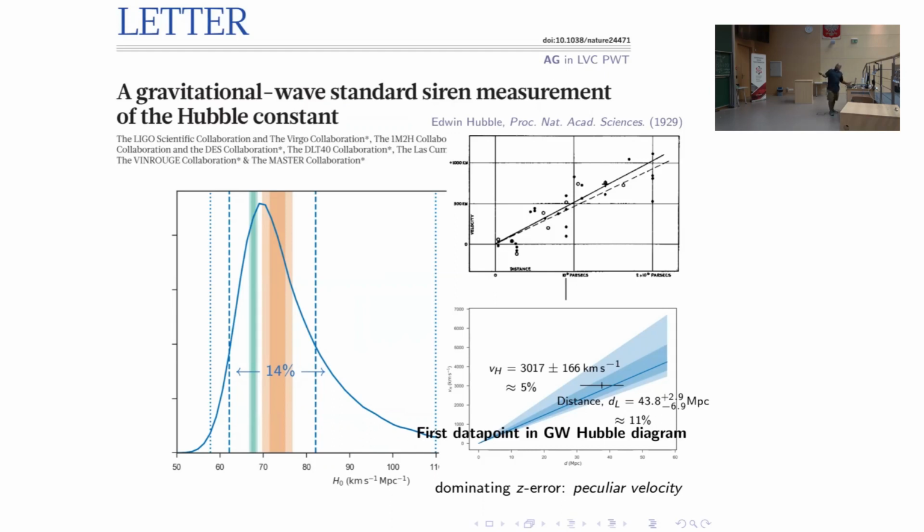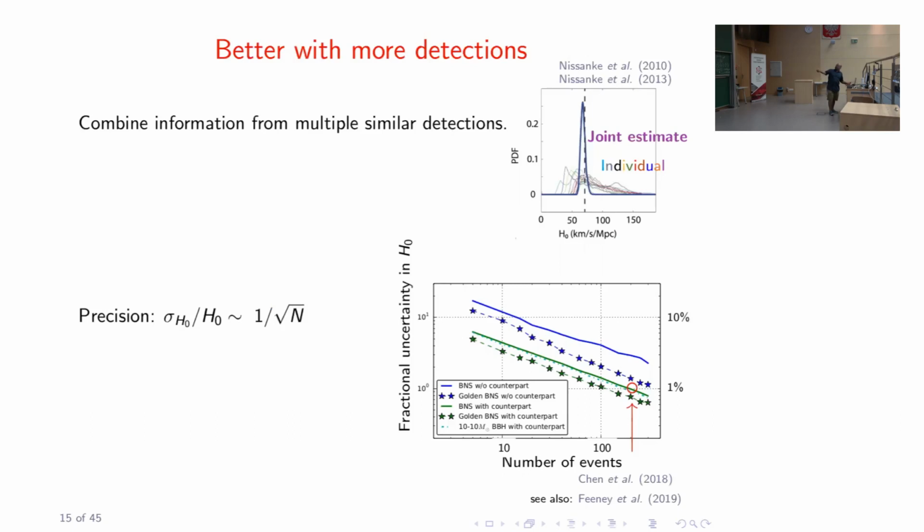Of course, one can do better with more observations. In our case, our measurement precision scales as 1 over square root of n. So we now have a 14% error. What happens if one has multiple events is that one can stack up. These are also individual posterior distributions coming from different events.